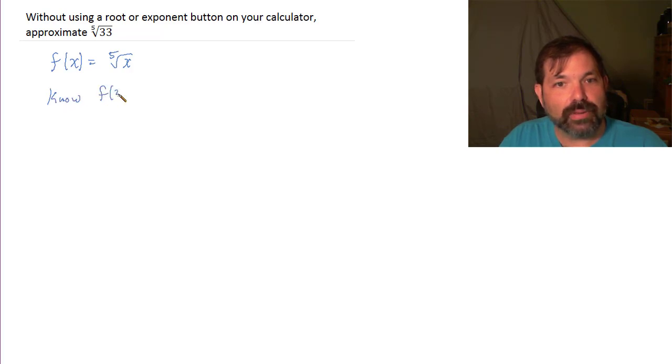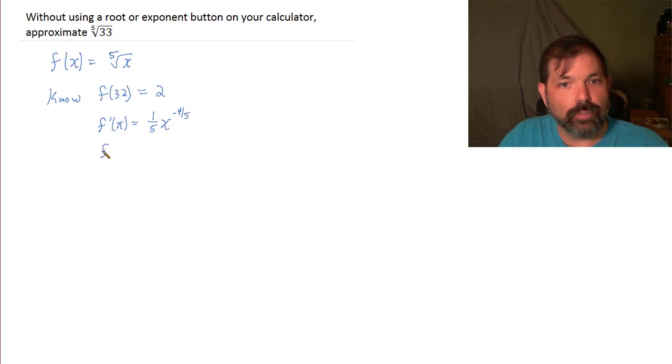Now I know that f of 32, the fifth root of 32, is 2. And I know that the derivative is 1/5 x to the negative 4/5. I don't want f prime at 2, I want f prime at 32.